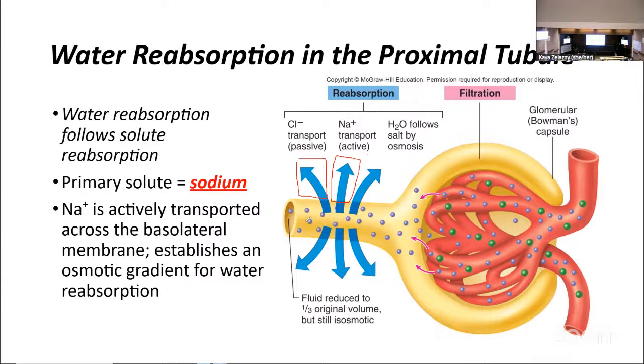This means we now have a situation where we have lots and lots of water in the tubule. We don't have as much water outside where we have this buildup of chloride ions and sodium ions. So the water follows it, trying to reach equilibrium with those structures neighboring the nephron. Okay, so that's literally just osmosis happening here, really.